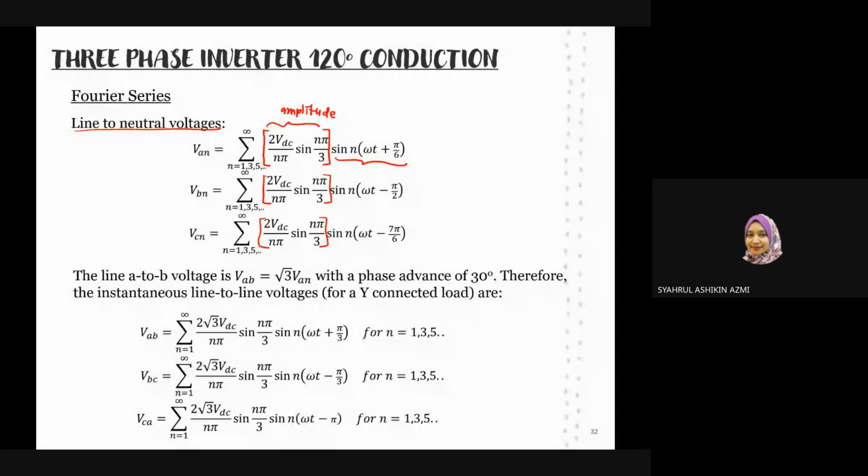This sine(n omega t plus pi over 6) is the phase angle.